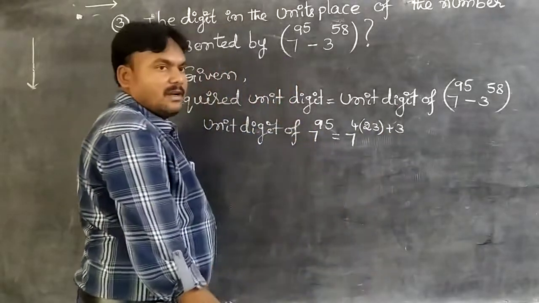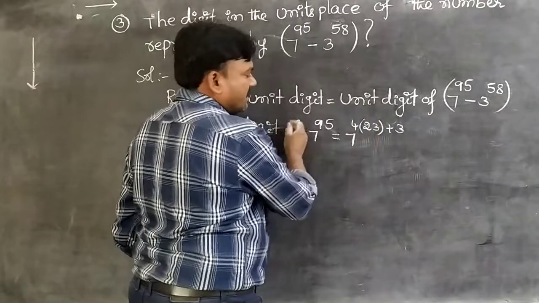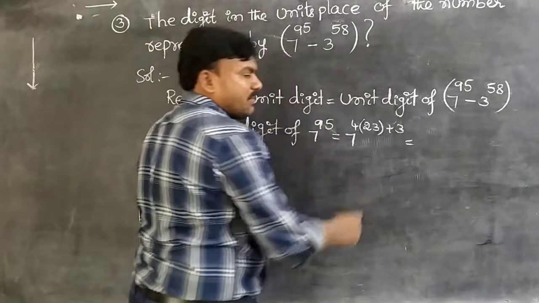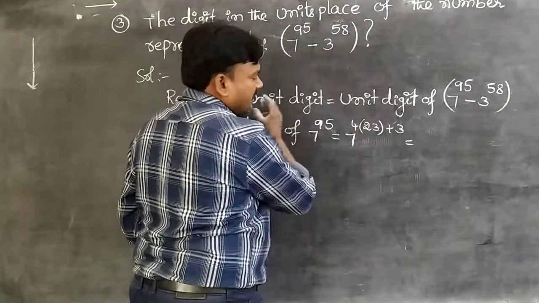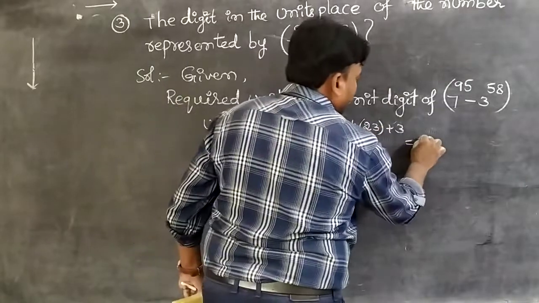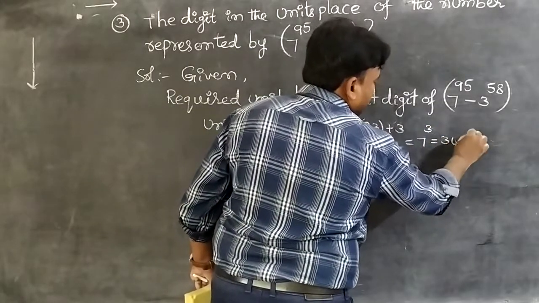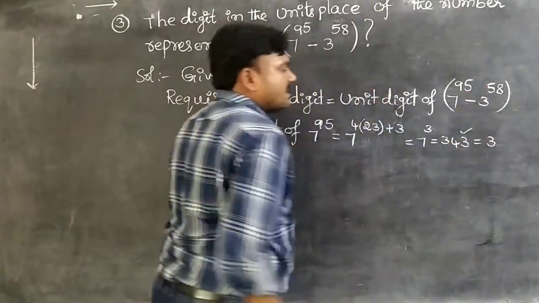Okay, students, clear all of you? This is the 4 multiple. Don't take this part, let it be. So it becomes a power m plus n, the formula a power m into a power n. So a power n, that is 7 cube. So 7 cube value is 343. In 343, what about the unit digit? So it is 3. 3 is the unit digit.